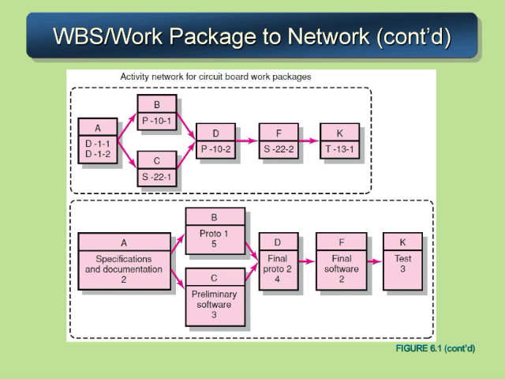Once we do that, we can, in parallel, build our first prototype and then have our software group take care of the software. And then after that, we can go ahead and build our final prototype. And then after that, we can finalize the software. And after that, we can test. And once we've done all these activities, we can actually deliver the circuit board to the rest of the project.